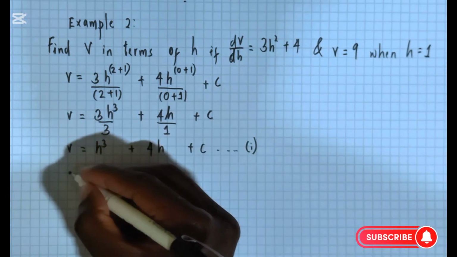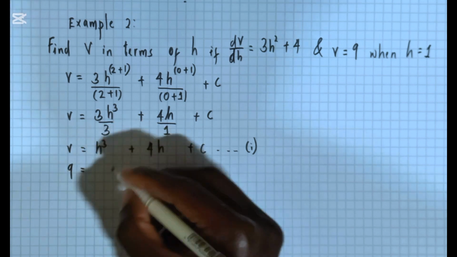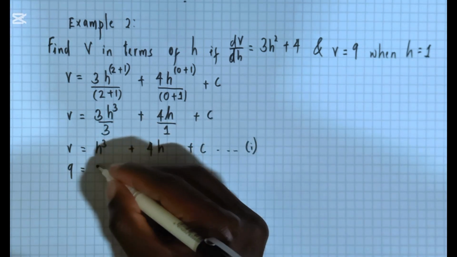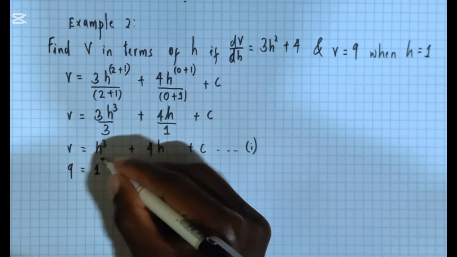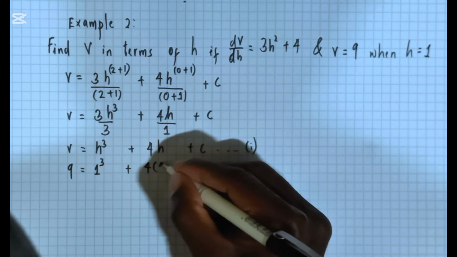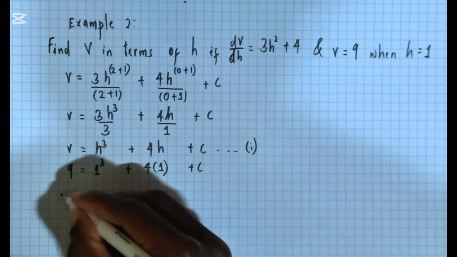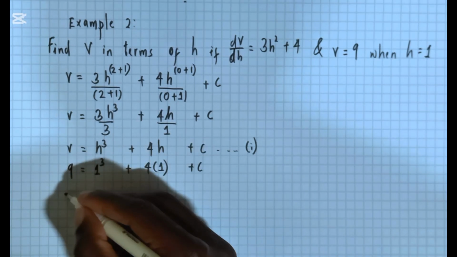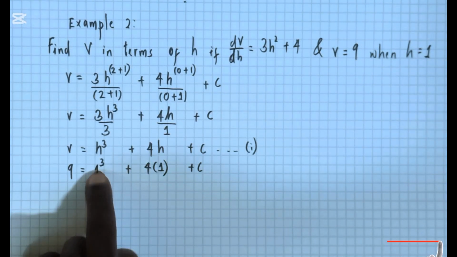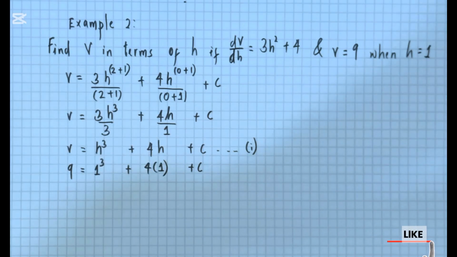And so in place of v we'll have 9 equals 1 cubed plus 4 into 1 plus c. And so notice that to find the value of c here, 1 cubed is 1, plus 4 into 1 is basically 4.